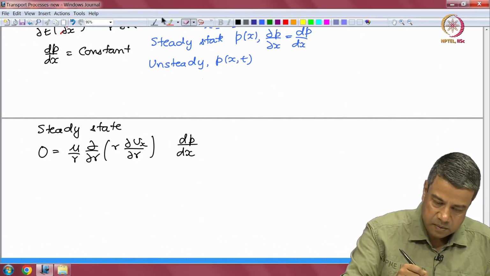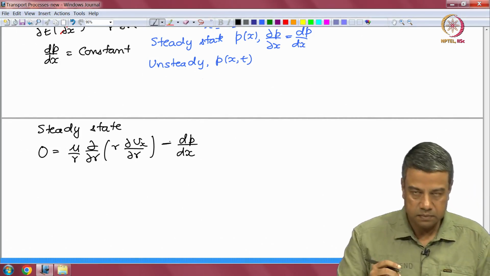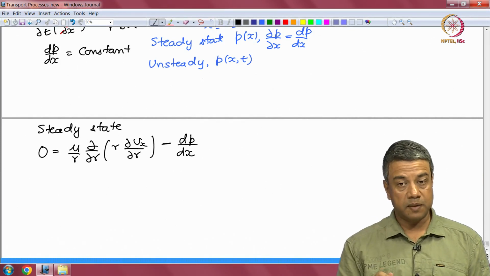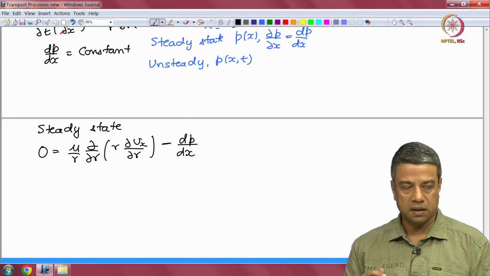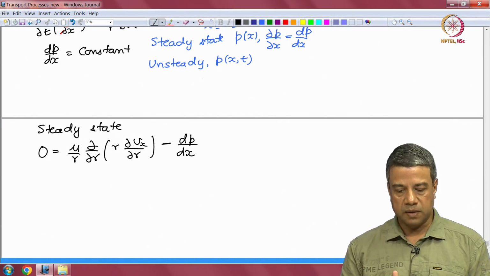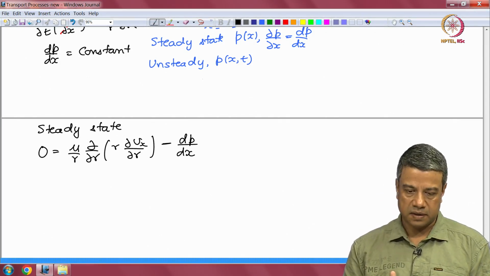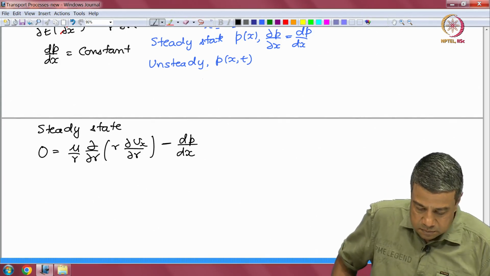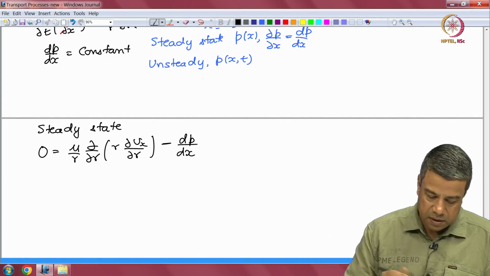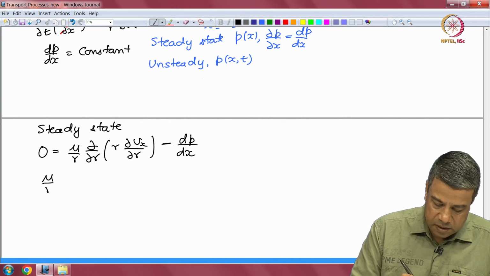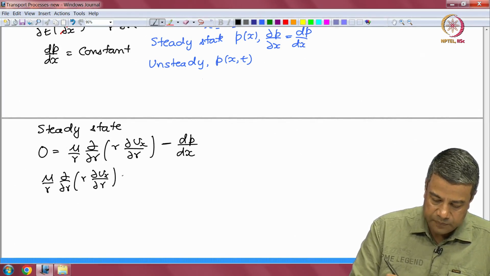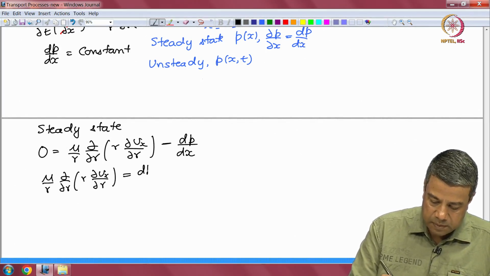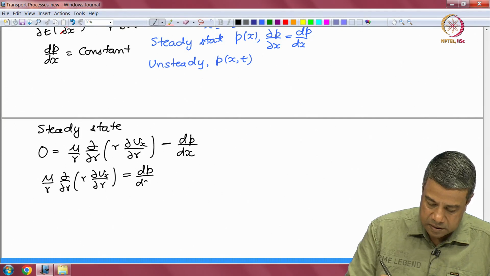My apologies, there should be a negative sign here. And I told you that dp by dx is negative because pressure at the inlet is higher than the pressure at the outlet. So, dp by dx itself is negative. So, I get mu by r d by dr of r partial Vx by partial r is equal to dp by dx.